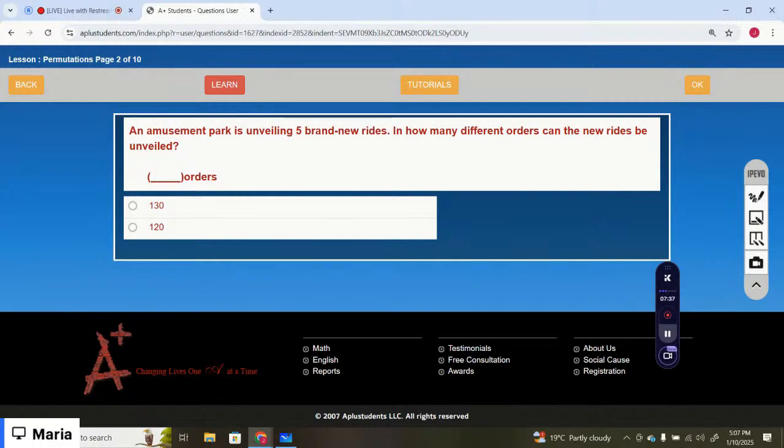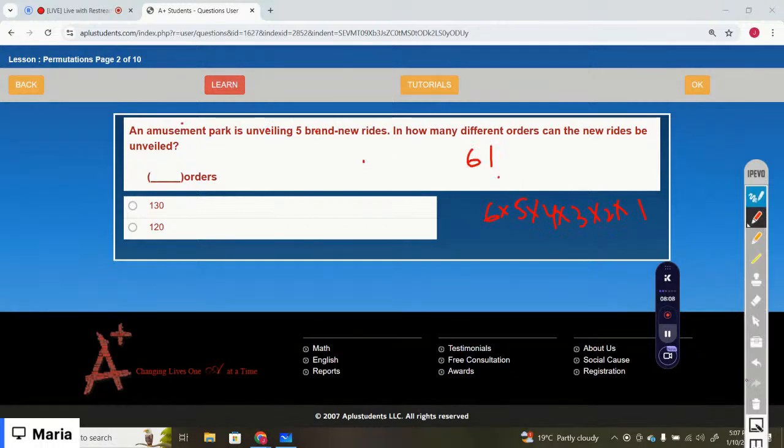An amusement park is unveiling 5 brand new rides. In how many different orders can the new rides be unveiled? So which is the correct option? That is five new rides. So you have to evaluate 5 factorial, right?